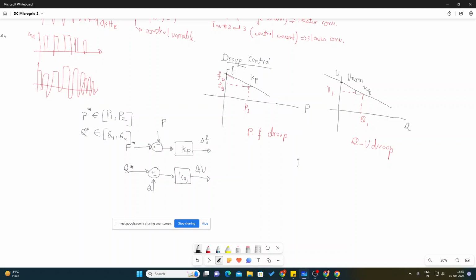So basically there is a power flow equation which states that H df by dt, where H is the inertia of the system, equals P input minus P output. This basically governs the dynamics between the active power flow and the frequency.